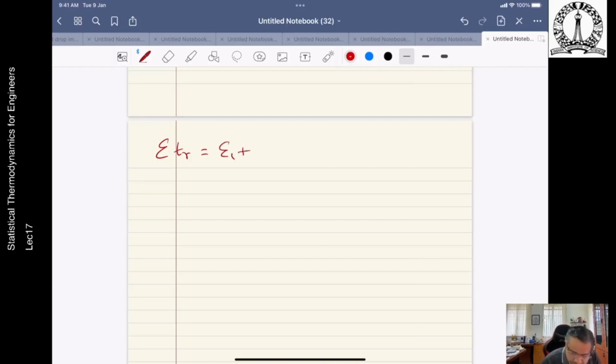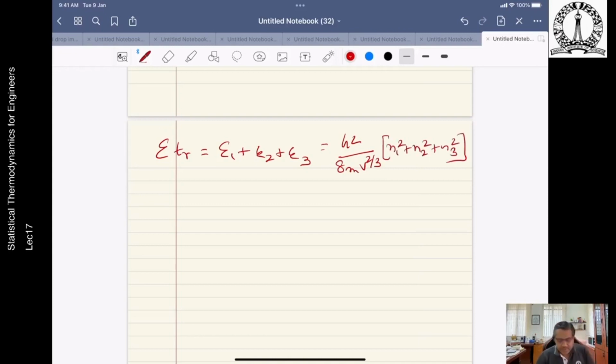E_TR is E1 plus E2 plus E3, which is equal to h squared over 8 m V to the power of 2/3 times (n1 squared plus n2 squared plus n3 squared). Here V is equal to L cube, the volume of the cube, and n1, n2, n3 are translational quantum numbers.